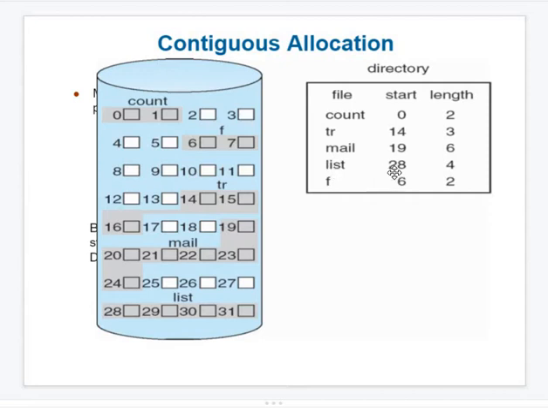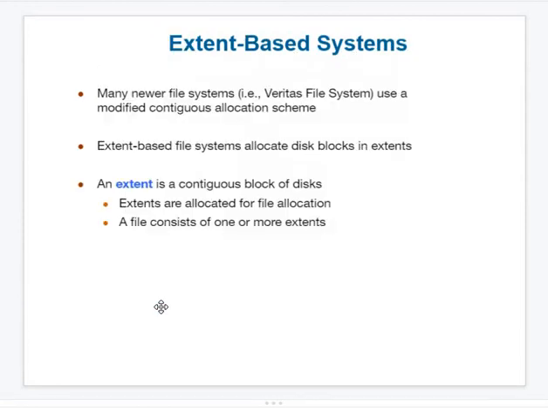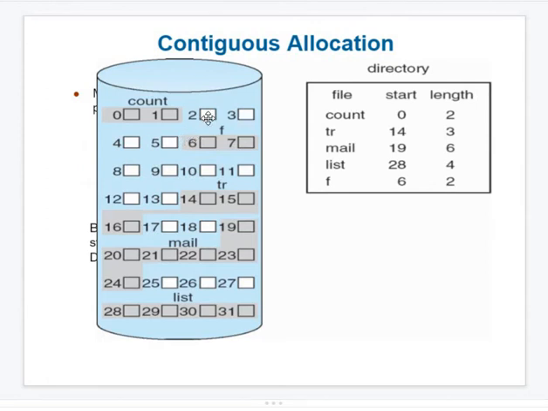What do I need? I should remember the start value, so I should go to 28th. If I go to 28th, I can continuously allocate. If you get to know non-contiguous allocation, then you will come to know whether this is an advantage or disadvantage. So that is the idea for contiguous allocation.